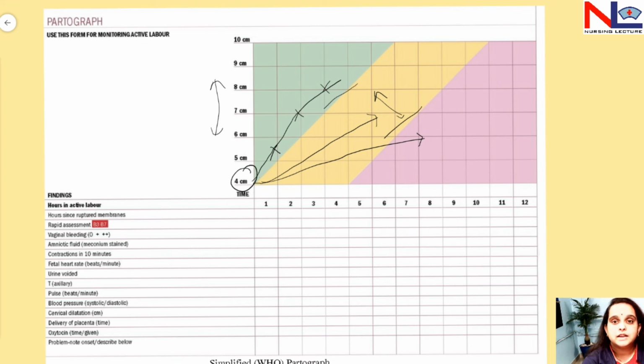So this is the simplified partograph, and as the name suggests, simplified means it is very user friendly and simple to use. In this simplified partograph you just need to plot cervical dilatation in a simple manner. On this vertical axis there is the cervical dilatation, and on this axis there is the time in hours.